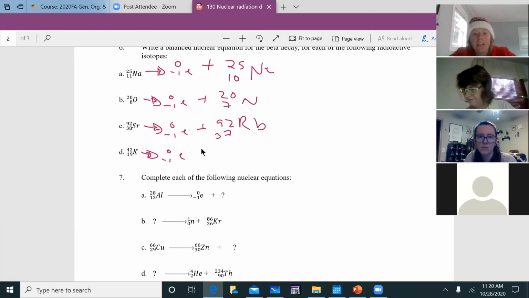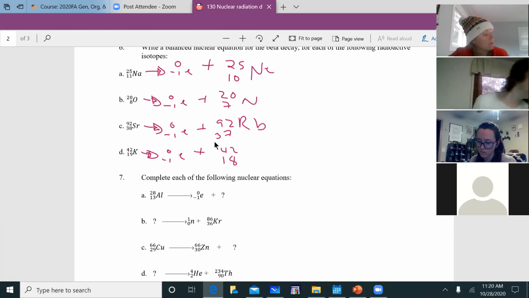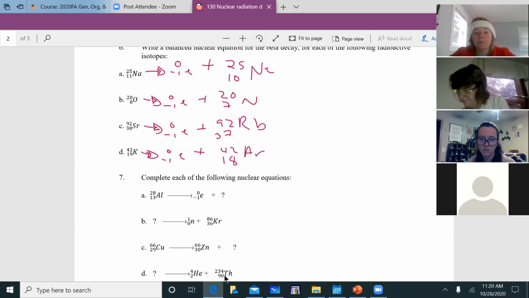Hopefully you're seeing a pattern here. 42 stays the same with beta emission. 18, whatever comes before that is argon. So there, that section should be complete for you. You should get every one of those right.